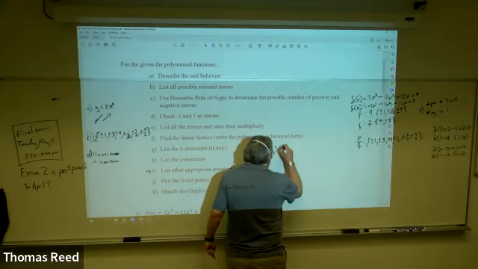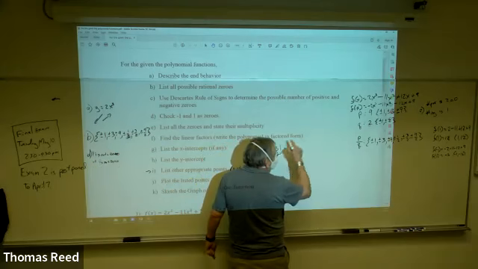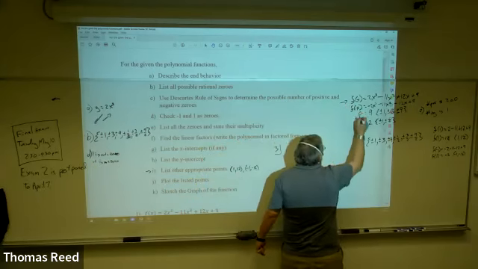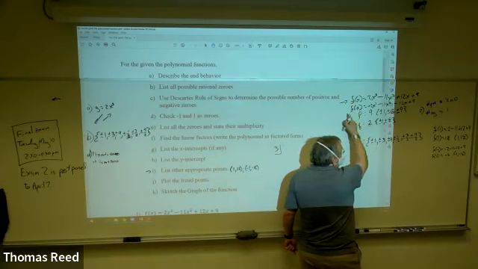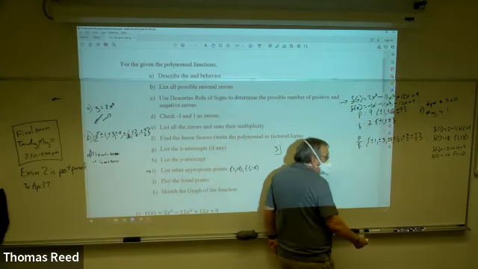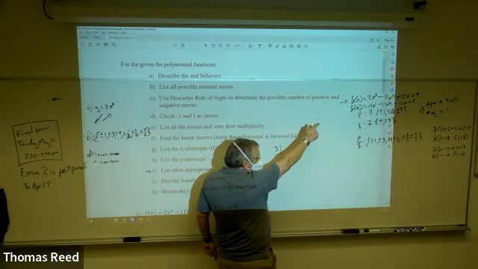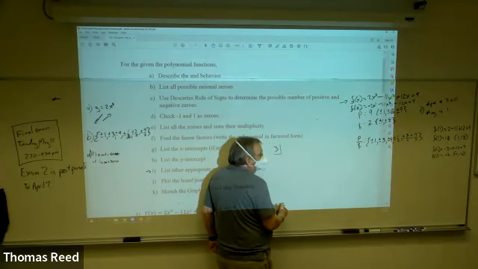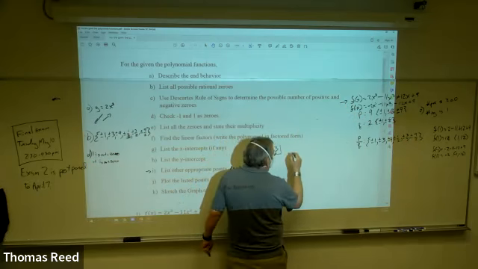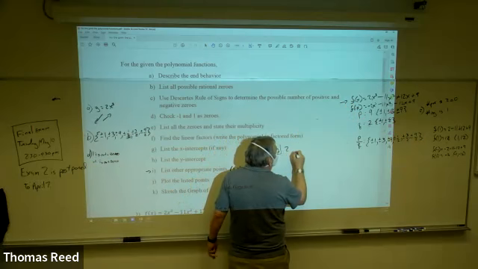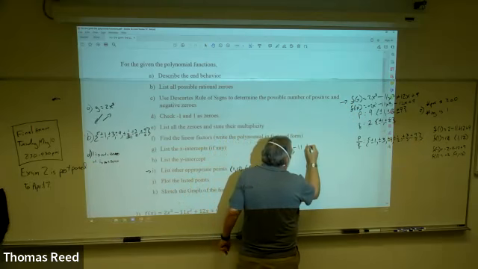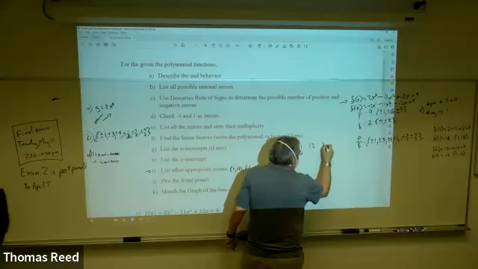So if I'm going to do 3, now I'm done using f of negative x. I can just forget it now. What I want to focus on is f of x, because that's what this problem is about. So the coefficients of f of x are 2, negative 11, positive 12, and a positive 9.